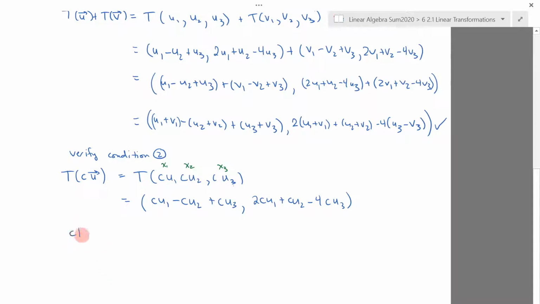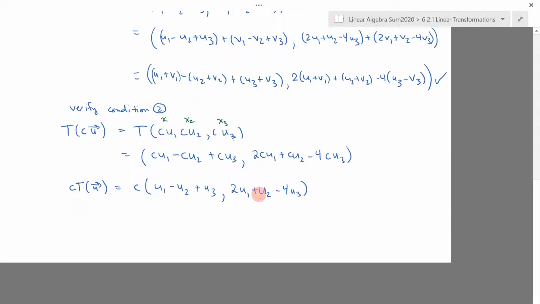Okay, so now calculate the right hand side, which was C times T of U. So that's C times basically this thing, right? So U1 minus U2 plus U3, comma, 2U1 plus U2 minus 4U3.